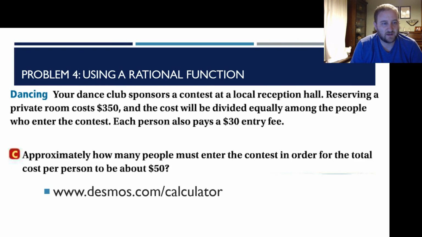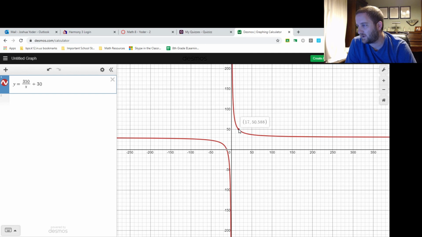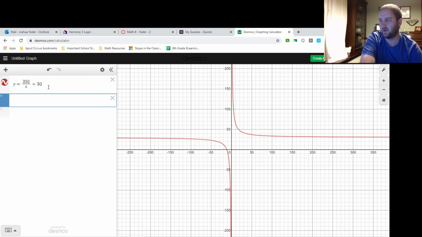All right. Last part here says approximately how many people must enter the contest in order for the total cost per person to be about $50. What we can do is come over to our graph here and figure out how many people need to enter the contest for it to be $50. Actually, what we can do is let's do y equals 50 here.